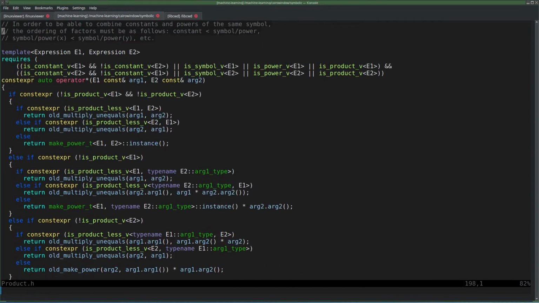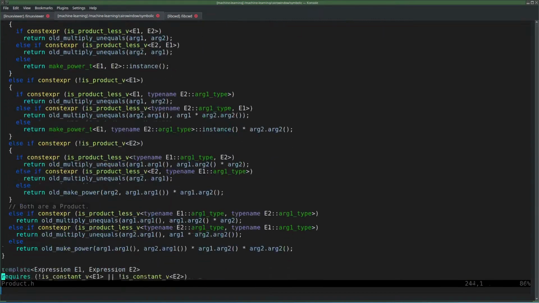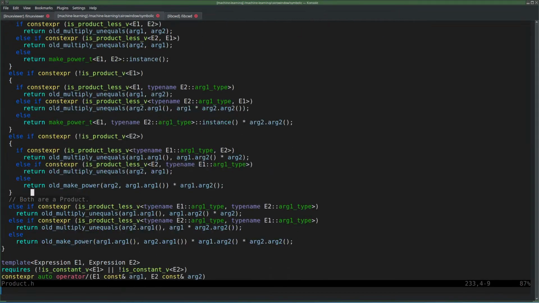And then let's do the next make power. Make power T E2, comma, typename E1, arg1 type, instance. And here's another one.